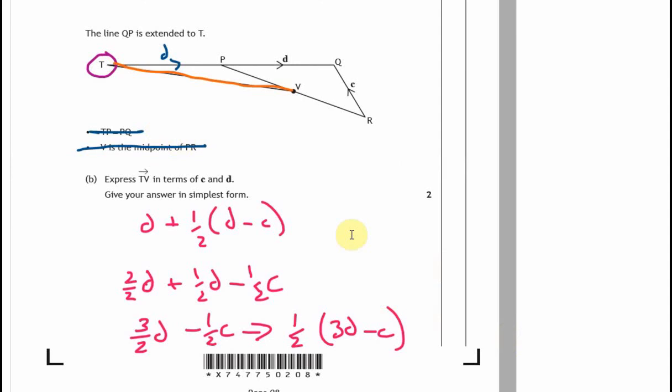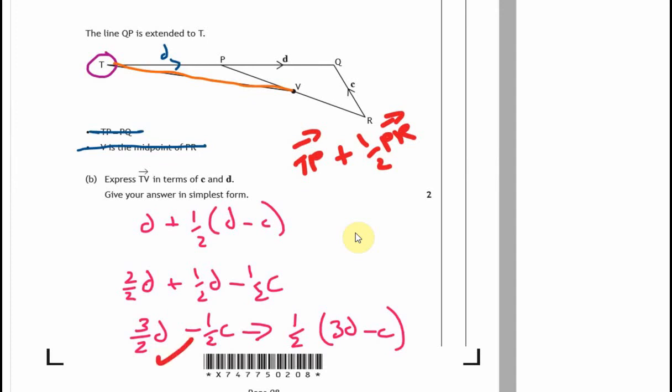I don't think that's a valid problem. I think that's okay. Effectively, they want you to write as a first step TP plus a half PR, just as a first line, which then obviously becomes D plus. So I think you'd be okay. But you're going to mark for your pathway and then a mark for the simplified expression.